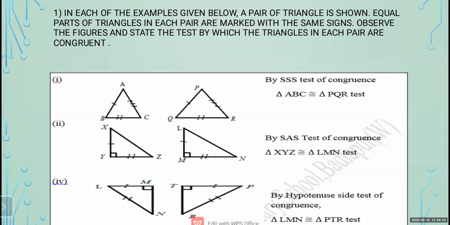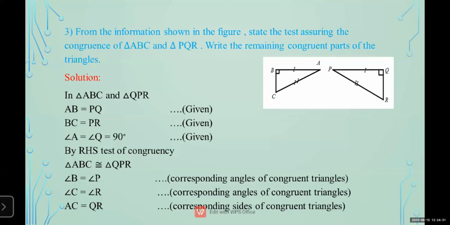These two triangles are congruent by which test? Hypotenuse side test. So I think the first question is clear. Okay. These questions all depend only on the test. You have to find out by which test they are congruent.